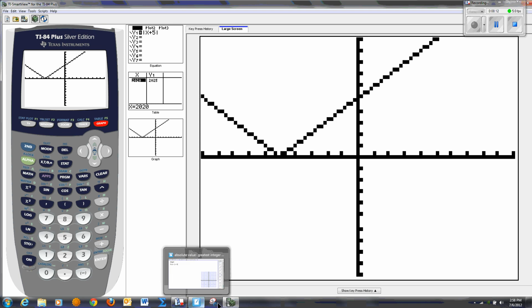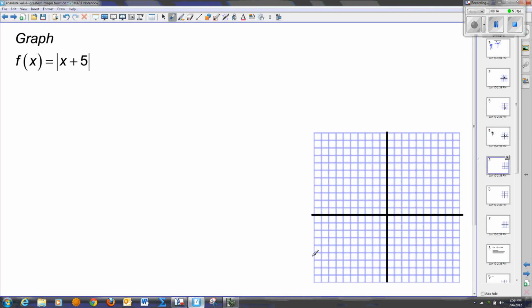So notice it's an absolute value graph, but again, the vertex is translated over 5. Right now, you should start at least being able to see some patterns and some things going on. I've got -1, 2, 3. So here's where our vertex is translated. And again, if I was to pick an XY chart and just pick a couple of numbers, and I know I started at -5, if I go to -4, that's 1 away.